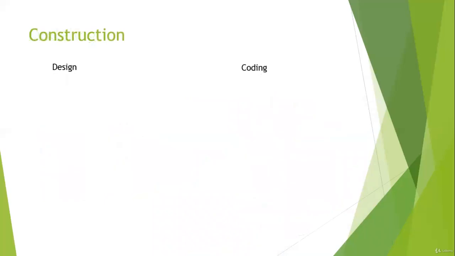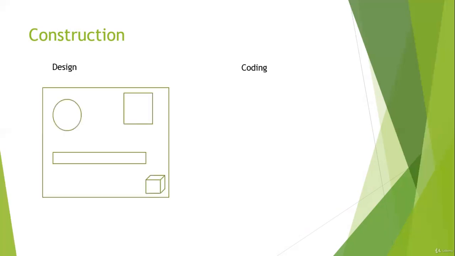Next phase is the construction phase. This is the fourth phase. During this phase, the design is implemented and tested. For implementation, the language is decided in the previous phase or it may be decided in this phase.